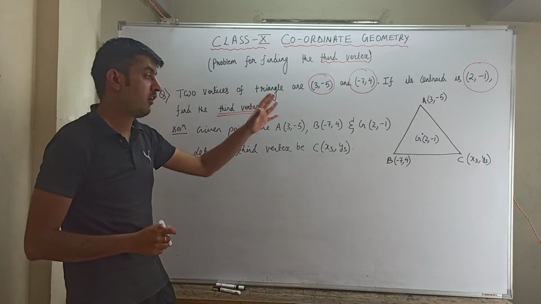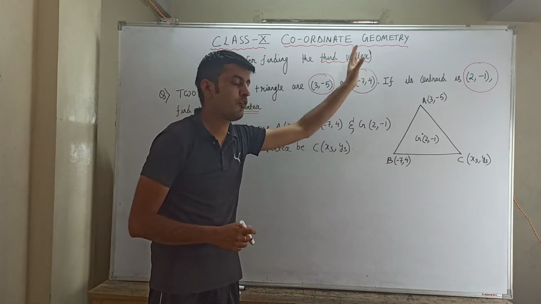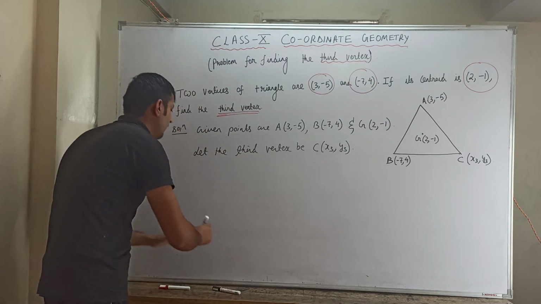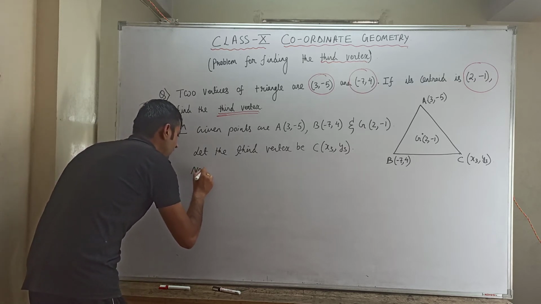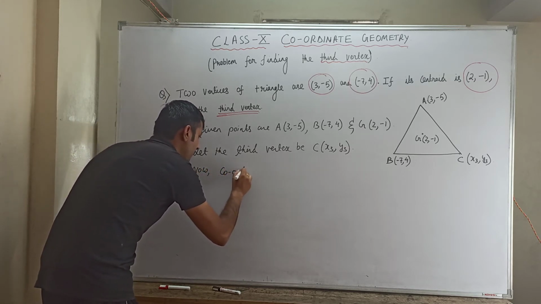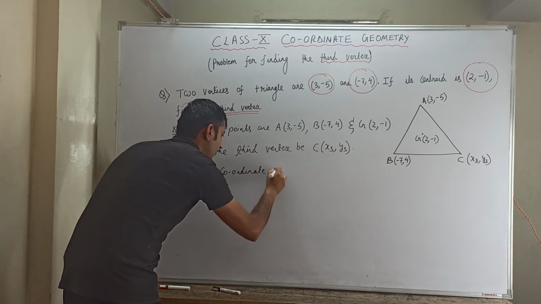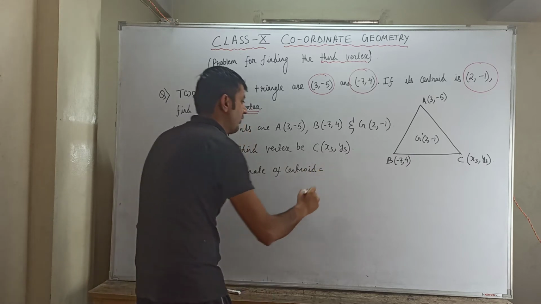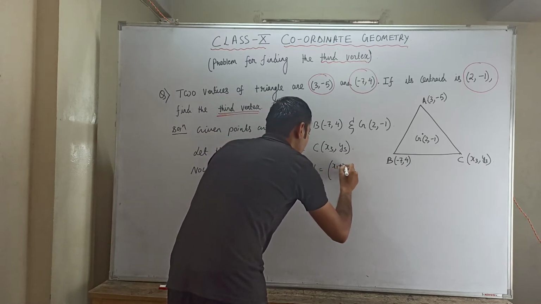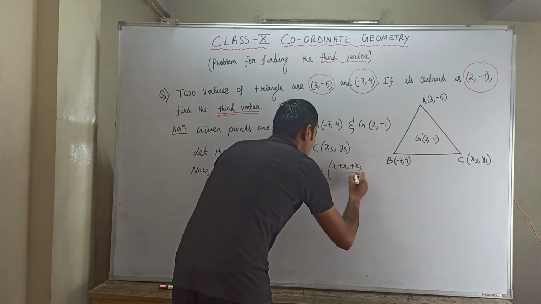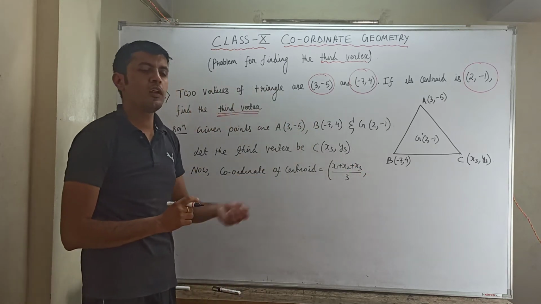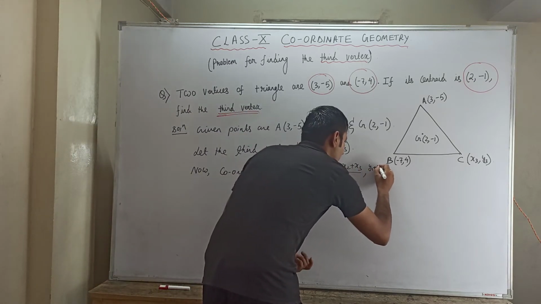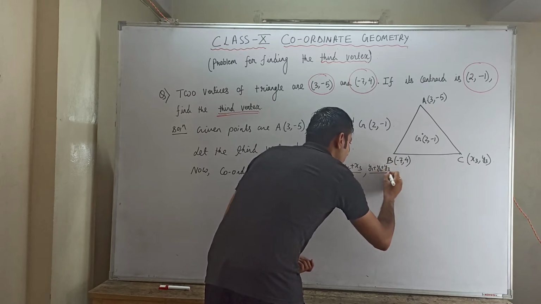I have already done the problem related to the centroid: how to find the coordinate of the centroid. We will be using that formula. The coordinate of the centroid is ((x1 + x2 + x3)/3, (y1 + y2 + y3)/3).